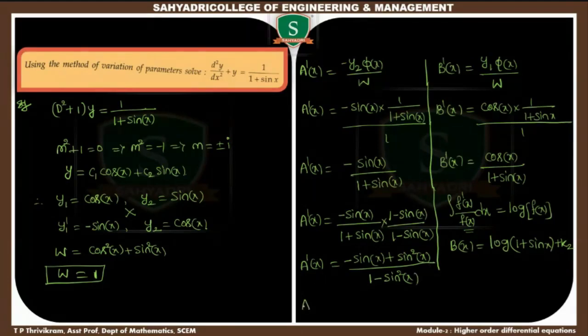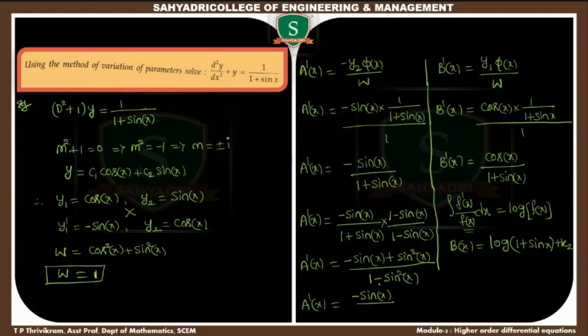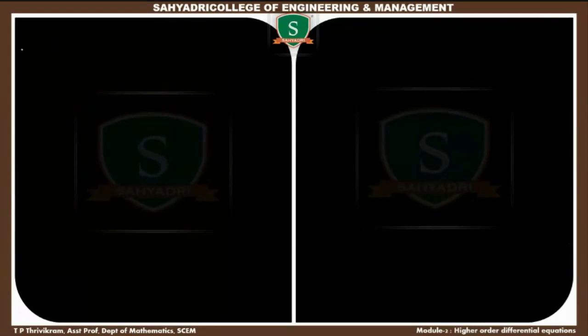So a dash of x is equal to minus sin x plus sin square x divided by 1 minus sin square x, which is how much? Cos square x. So minus sin x by cos square x plus sin square x by cos square x. Okay. So now we can apply integration for a.